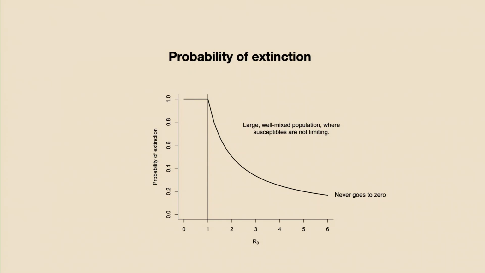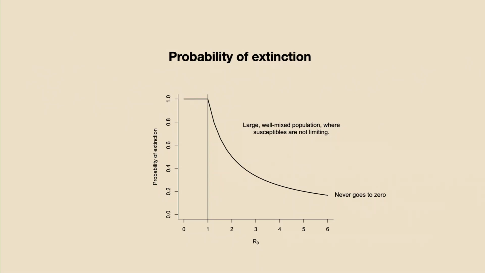So there's no setting aside the probability of extinction of infectious diseases, right? Like everything else on this planet, they're at risk of disappearing, although we'd like it to happen faster for most of them. And so if you plot out the probability of extinction, which you can get from branching process approaches, as a function of R0, of course it's 1 if R0 is less than 1. We know these things are going to extinction. And then it declines as R0 increases, but it never goes to 0.